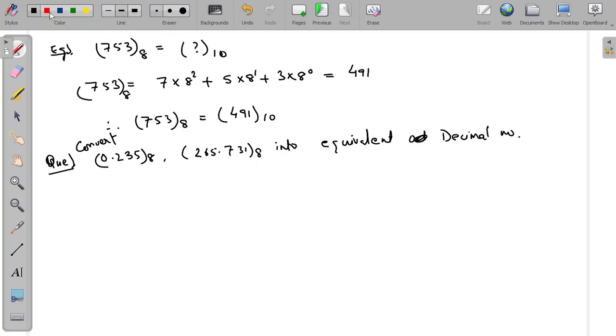So we can also have conversion between octal and binary, octal to binary conversion.